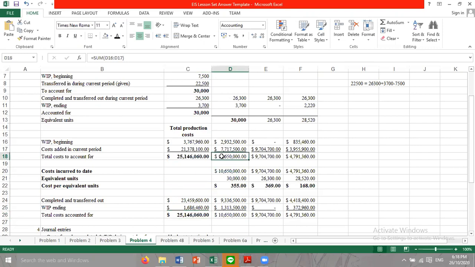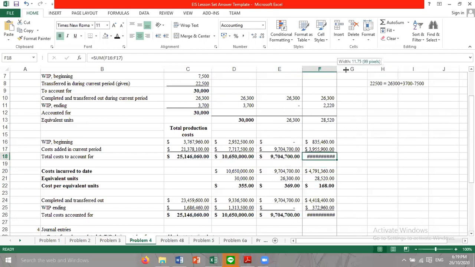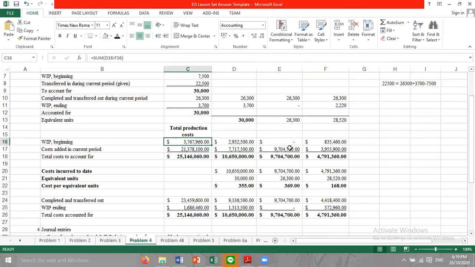So for transferred in cost, total cost to account for must be equal to total cost accounted for. The same goes for direct materials as well. Same goes for conversion cost as well. So make sure that your total cost to account for is equal to the total cost accounted for. If not, that means there must be a mistake somewhere. That's for weighted average.